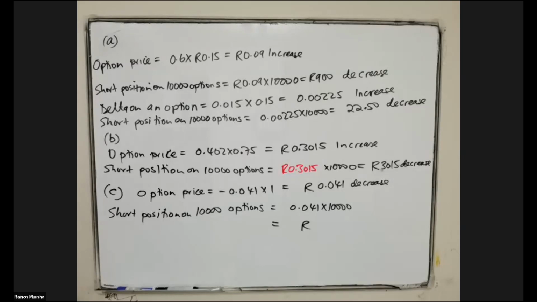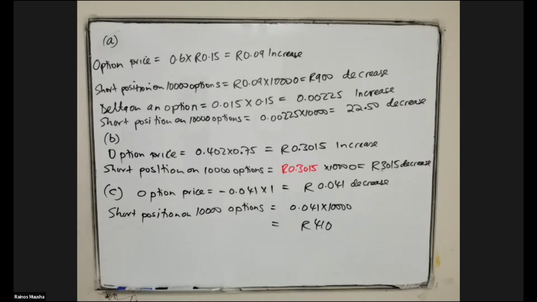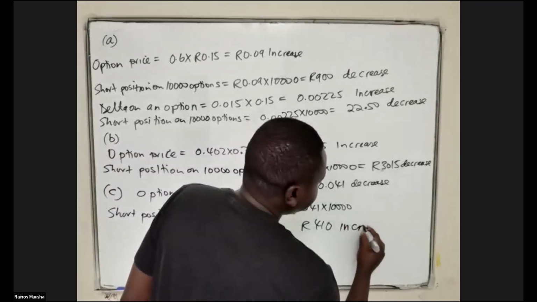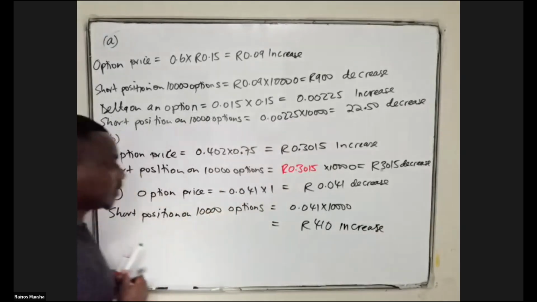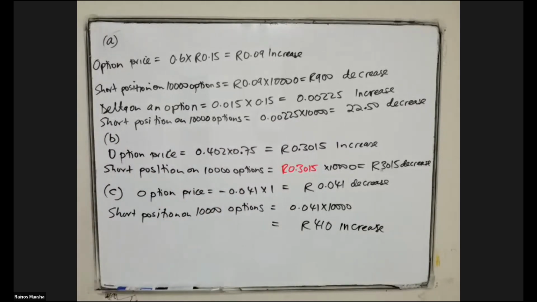So 0.041 times 10,000, how much do you get? So 410. Is it a decrease or increase? An increase, isn't it? Reason being, for the party who's taking a long position, the closer they are to maturity, the lesser the value of their option.